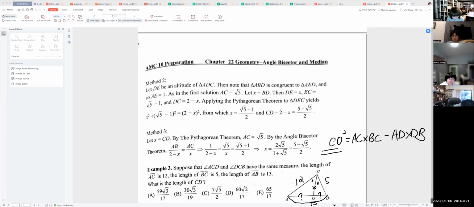Okay, so that is the theorem. Let me check the number. The number is theorem number 7.